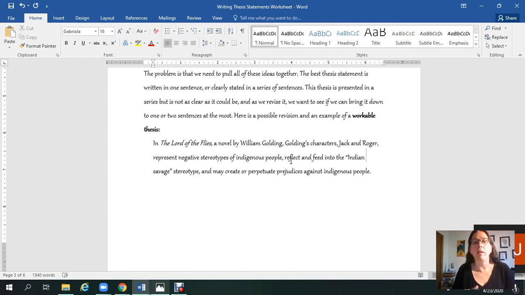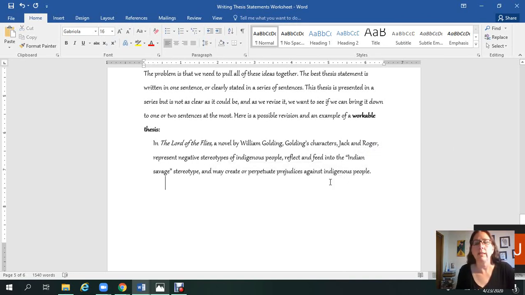And then it may create or perpetuate. So if somebody doesn't have a stereotype or they don't know anything about Indigenous people, it might create in them and continue a prejudice, if they already have a prejudice, against Indigenous people. So this brings it again into the reflection.